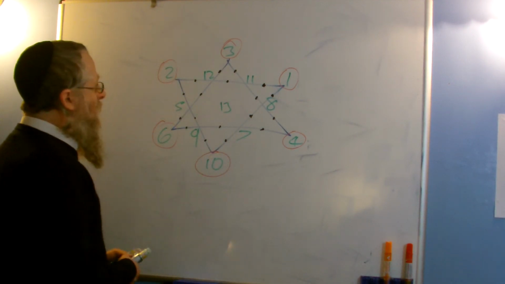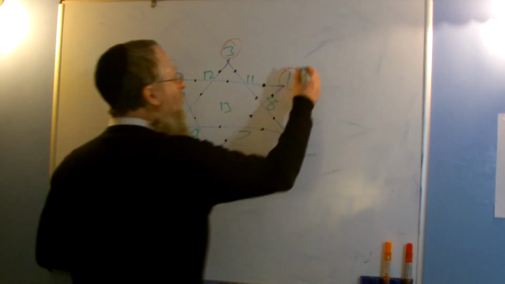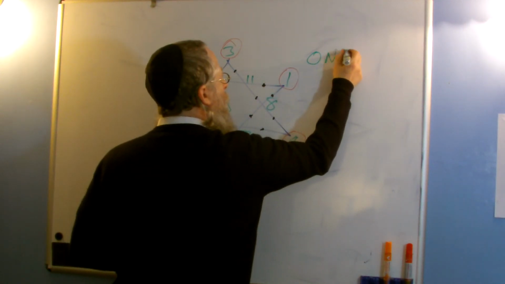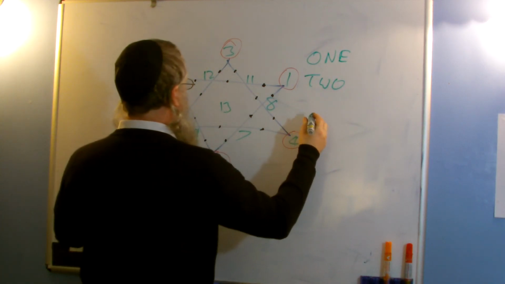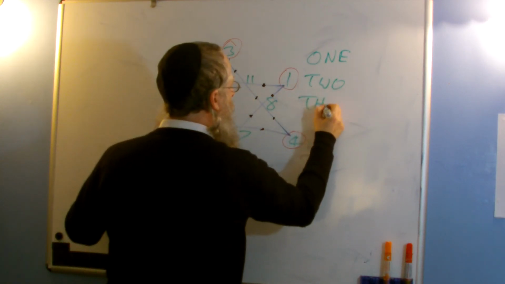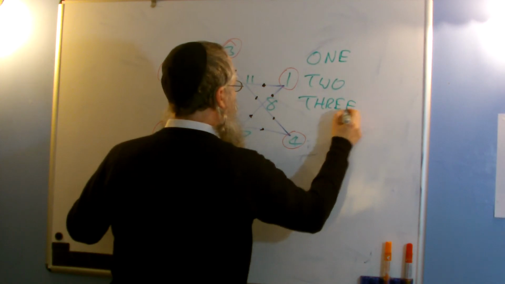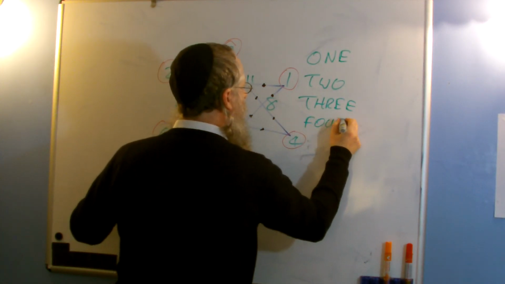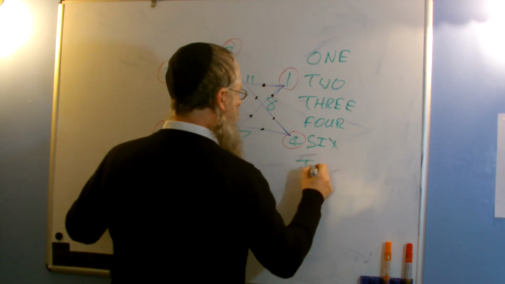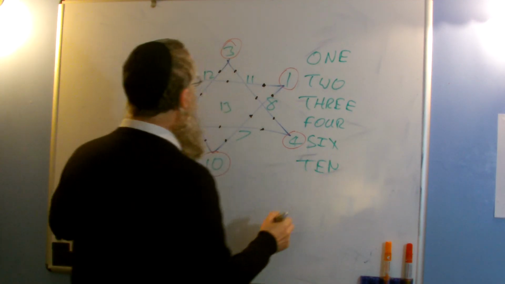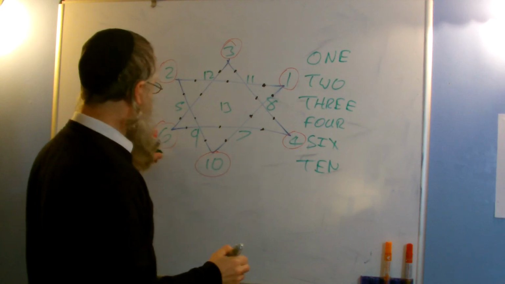So we're looking at these numbers that go around. We've got 1, we've got 2, we've got 3, we've got 4, and then we jump to 6, and then 10. Okay, 1, 2, 3, 4, 6 and 10.